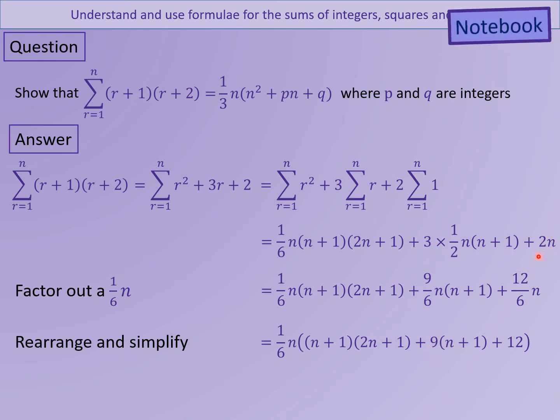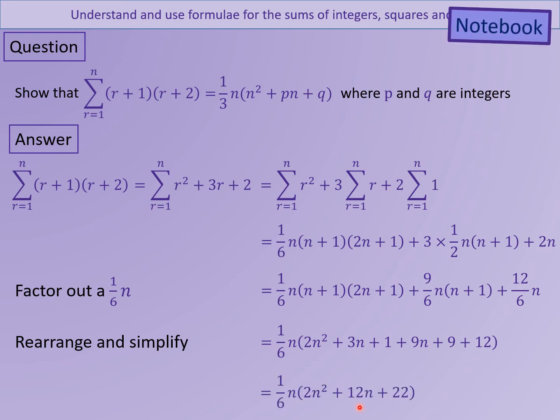And finally, the 2 here multiplied by 6 gives us 12. So just expanding out those brackets gives us this. That will simplify down to give us a final answer of a sixth n and then 2n squared plus 12n plus 22. So you can see the value of P is 12, the value of Q is 22.